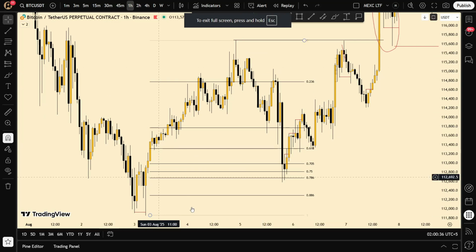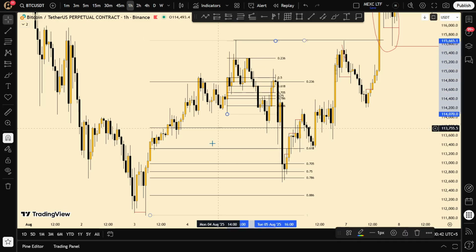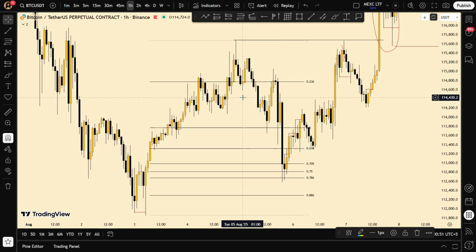This order flow is on the 4 hour, but this leg was on the 15 minutes. So the higher time frame is always the bigger time frame, the one that will have precedence.